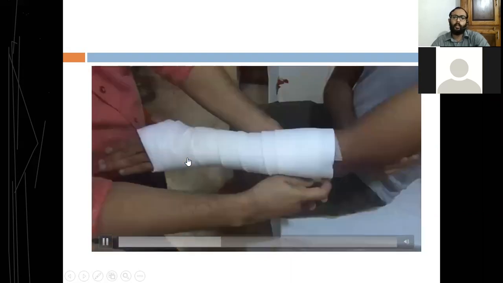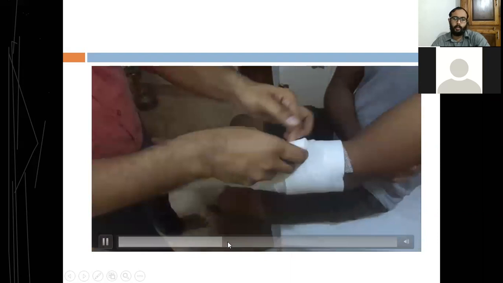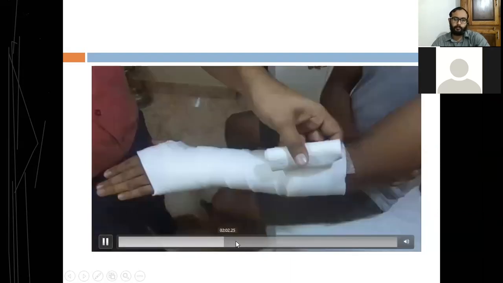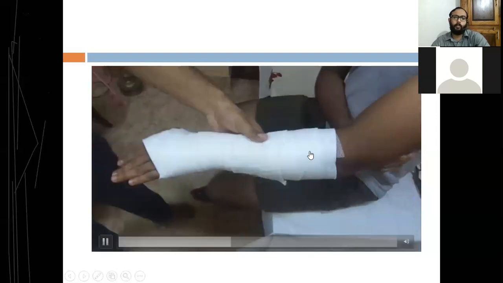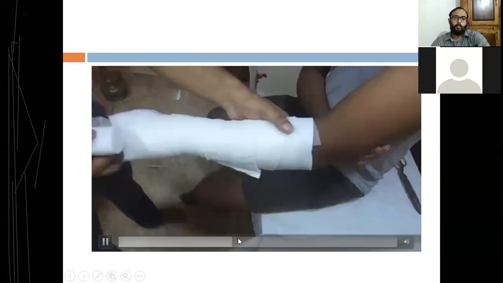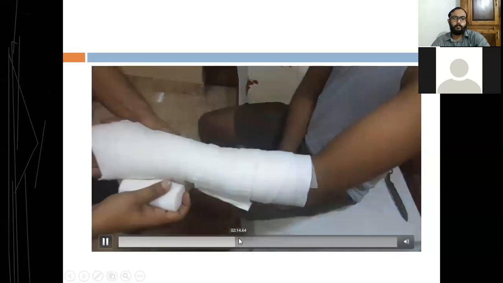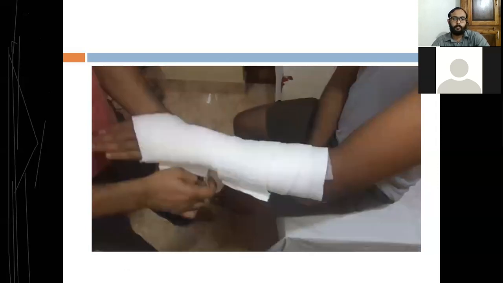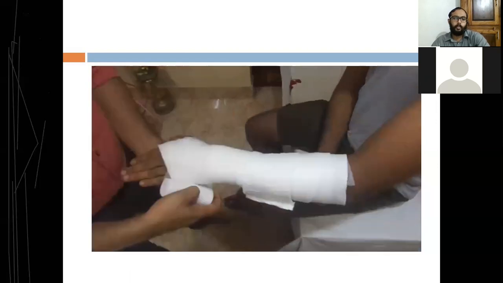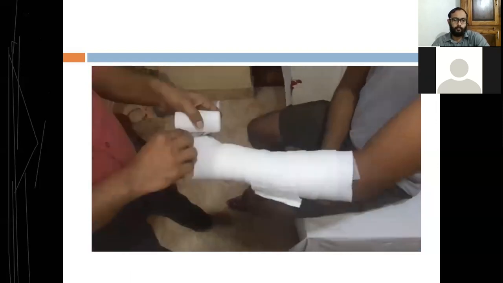In all other areas, only 2 turns are needed. This is regarding the circular turns of compressed cotton. And then fix it with a roller bandage.